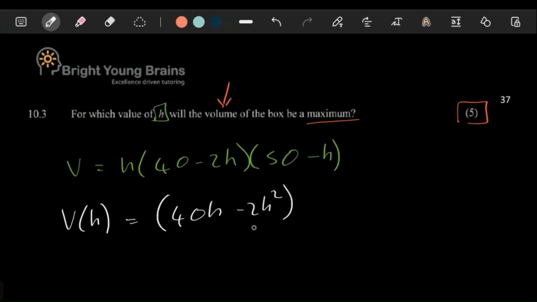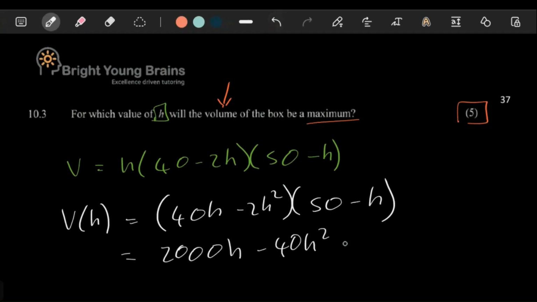So here, you want to make this one thing. You multiply it by the 50. 40 times the 50 is 2,000. And there's H. 40 times that is negative 40H squared. And then this times that is negative 100H squared. That times that is a positive 2H cubed.